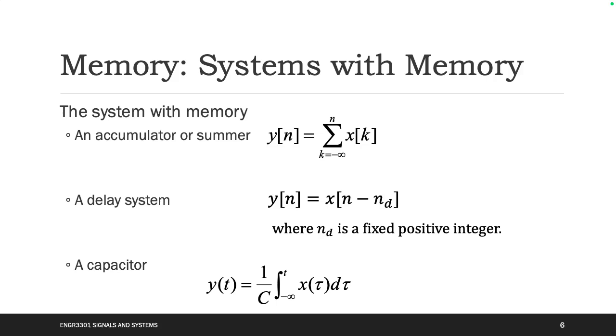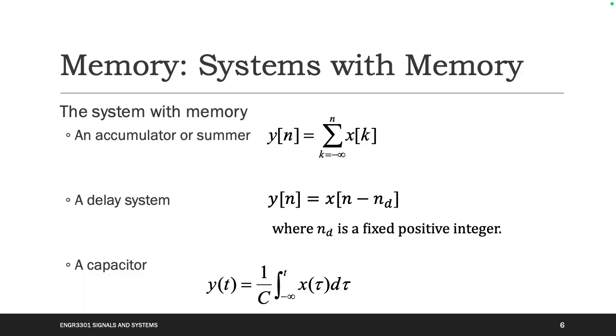Also, a capacitor. We know a capacitor has a charge process. So it will integrate the current, multiplied by 1/C, and then you have the voltage. So it is a system with memory, because it is a process. It is not like the resistor circuit; it depends on the previous current.